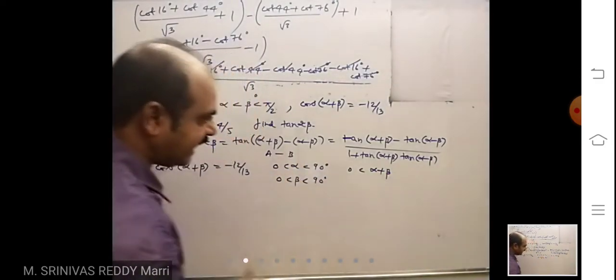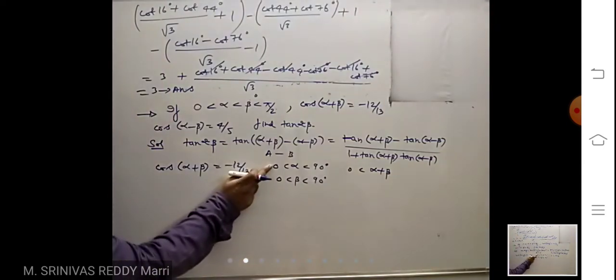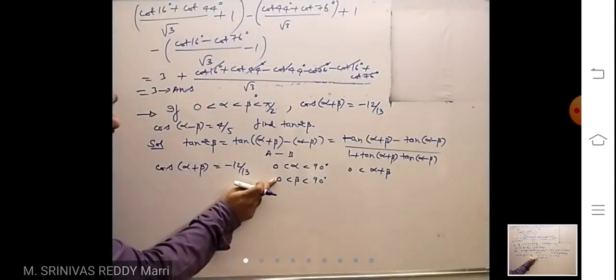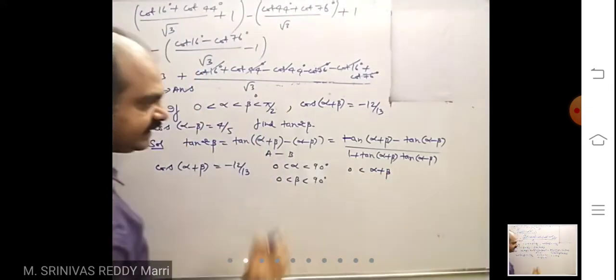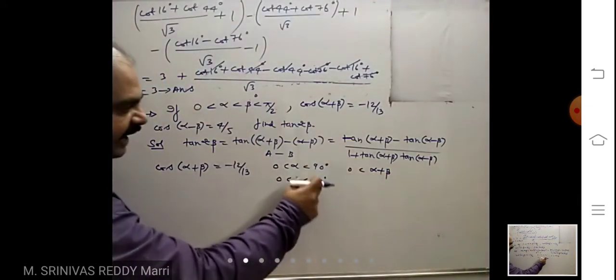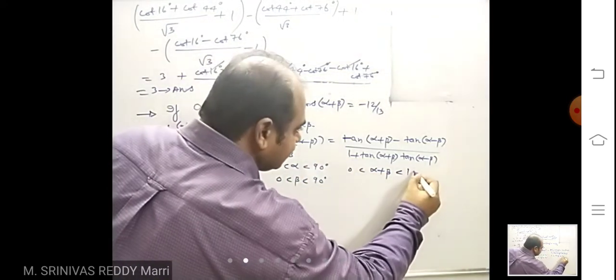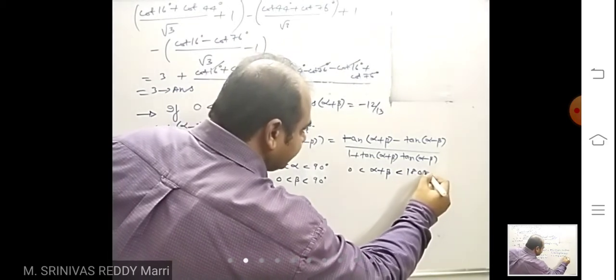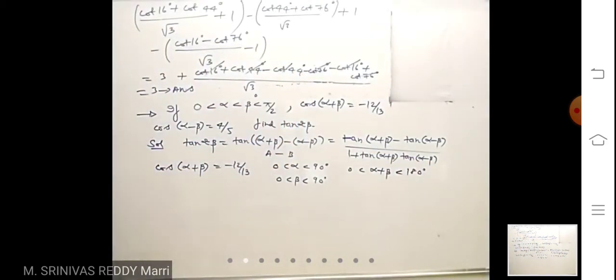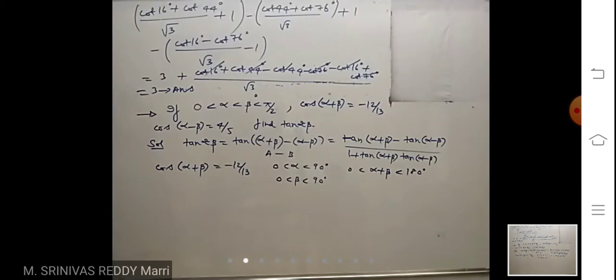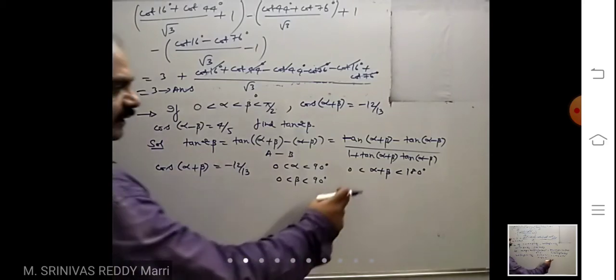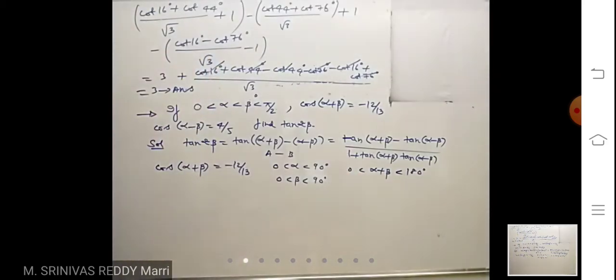If you add these angles, the least value you will get is if alpha equals 0 and beta equals 0. Alpha plus beta least is 0, and if you add 90 plus 90, the maximum is 180. So definitely alpha plus beta lies between 0 and 180.